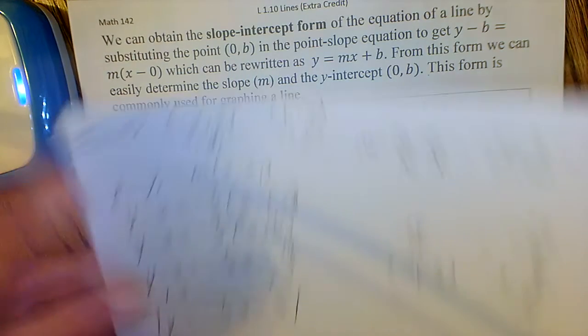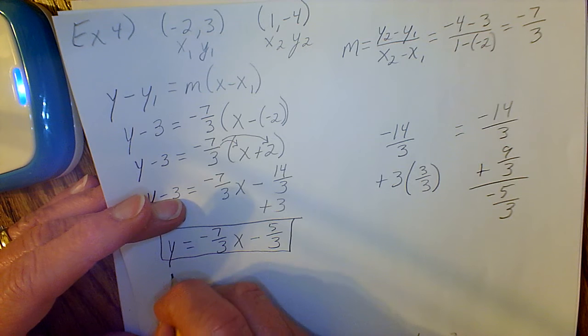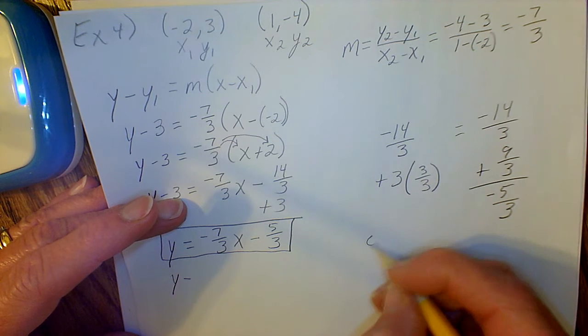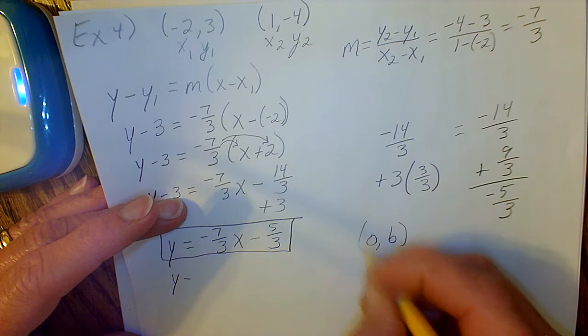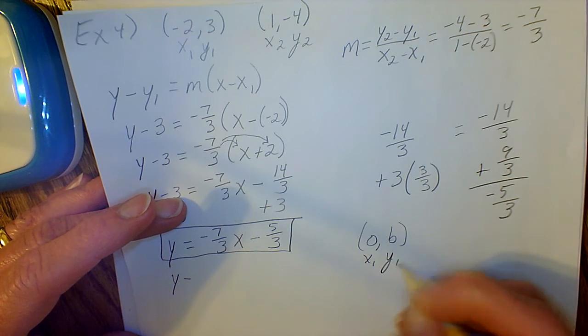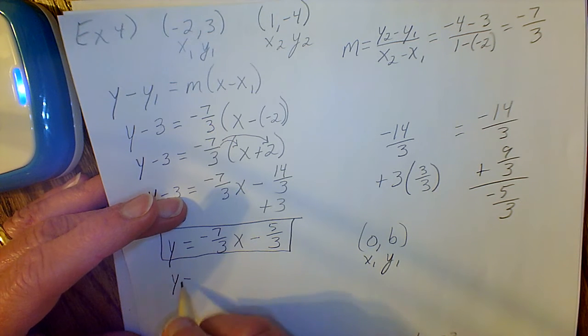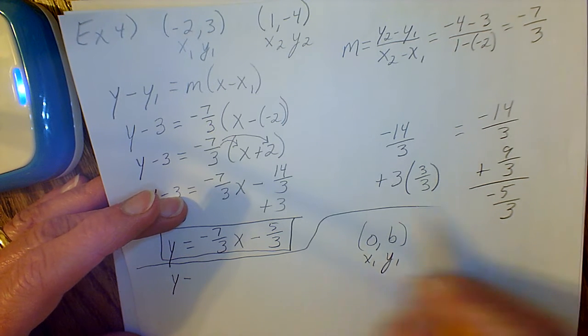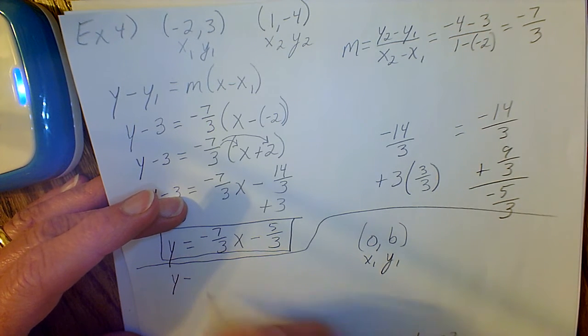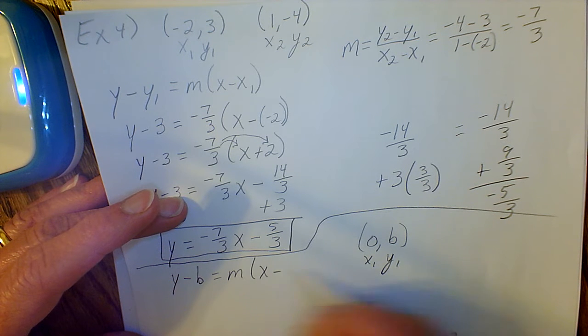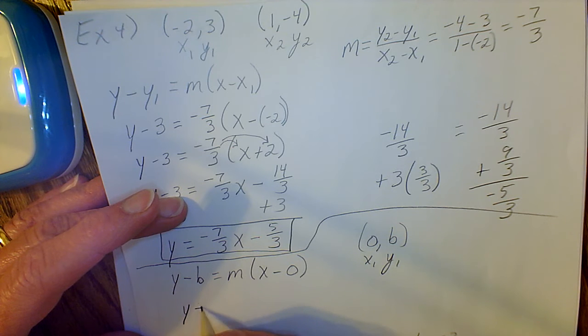So we're going to use (0, b) for the x1, y1, and plug those into the point-slope form. So that's going to give us y minus y1, that's b, is equal to m times x minus x1, which is 0. That's going to give us y minus b is equal to mx minus nothing.